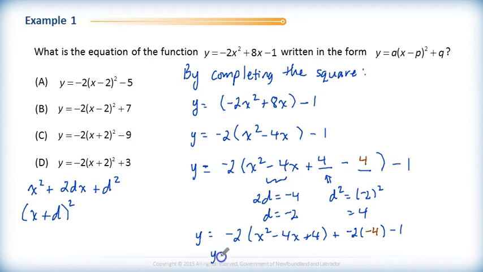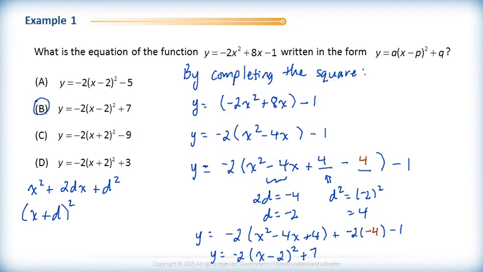To finish off, we have y equals negative 2 outside of, factor the brackets, it's x minus d, or x plus d squared, that's x plus negative 2. So it's x minus 2 squared. Negative 2 times negative 4 is 8, minus 1 is 7. So B is the correct answer.